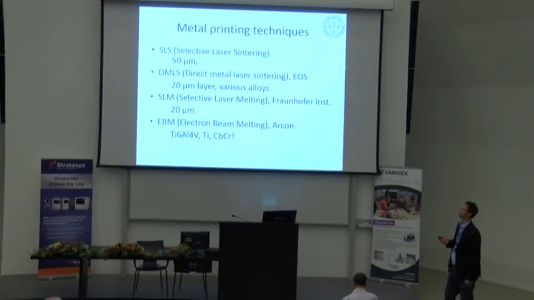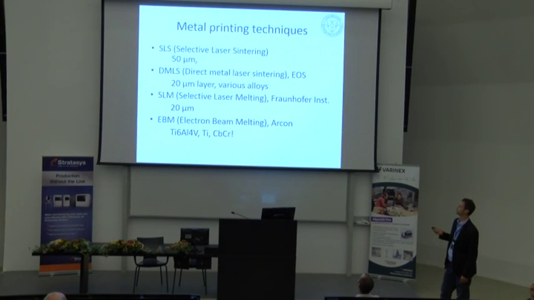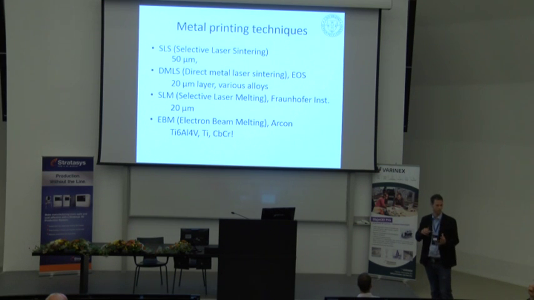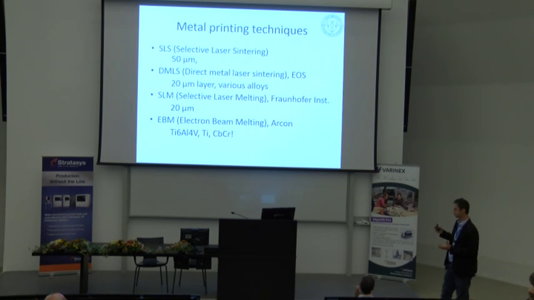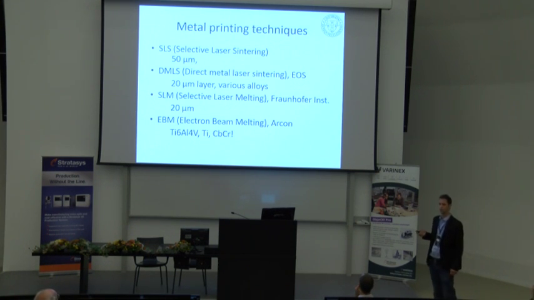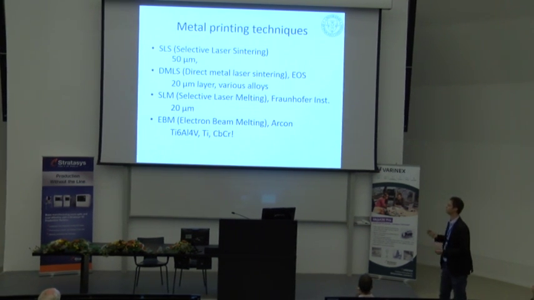I believe that the melting processes, like selective laser melting or electron beam melting, are better, because they produce a constant mass of the metal, and maybe it is a more developed technology. But also, according to the literature, DMLS, direct metal laser sintering, is used very widely.